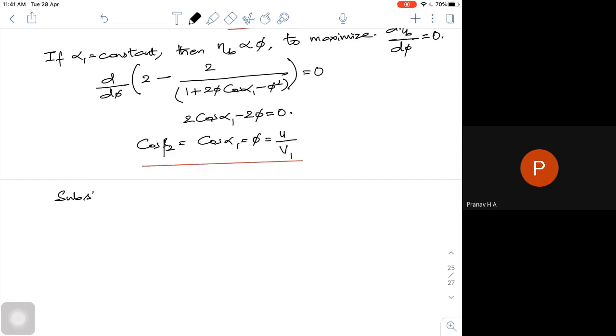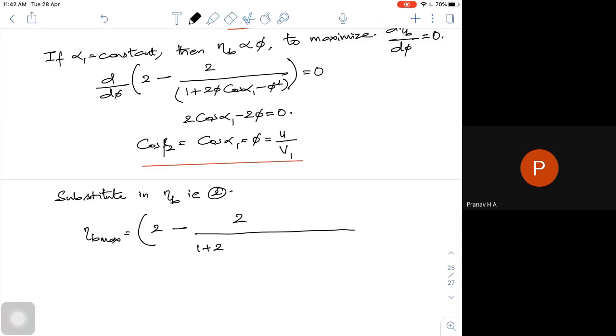Substitute in the blade efficiency equation, that is equation 2. What is the blade efficiency equation? It is 2 minus 2 divided by 1 plus 2 cos alpha 1 into cos alpha 1 minus cos alpha 1 square.